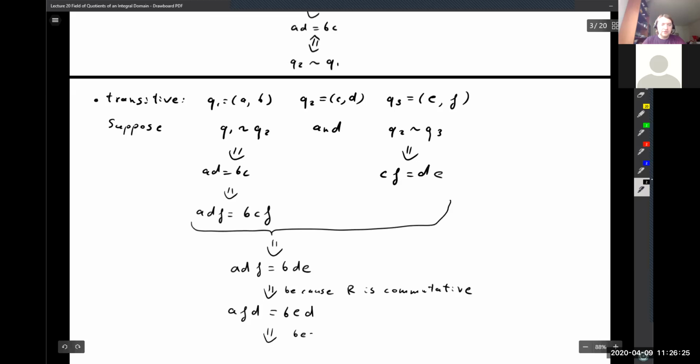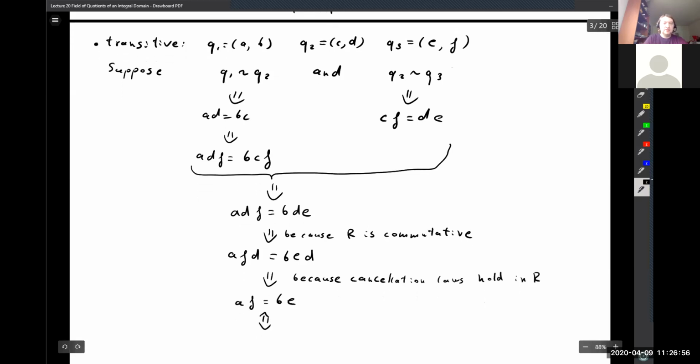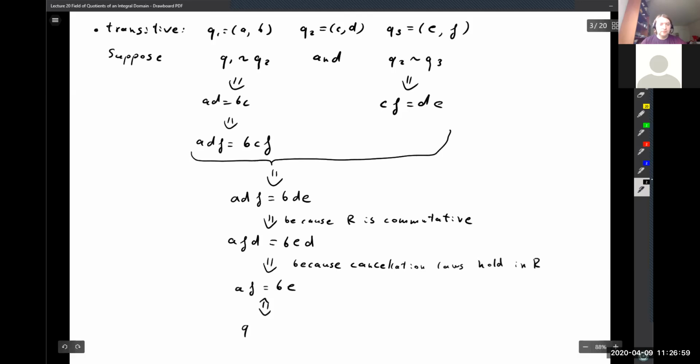And now because cancellation laws hold in R, this would imply that AF equals BE. And that's literally the same as Q1 is equivalent to Q3. Okay, so that concludes the proof of the lemma.